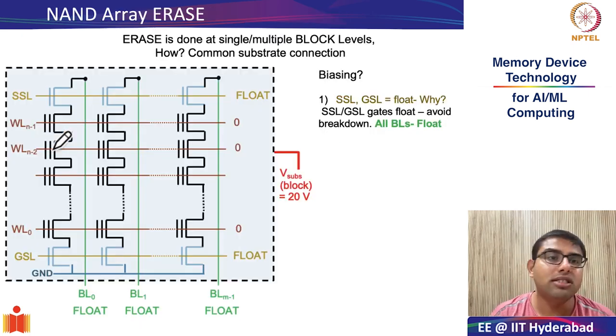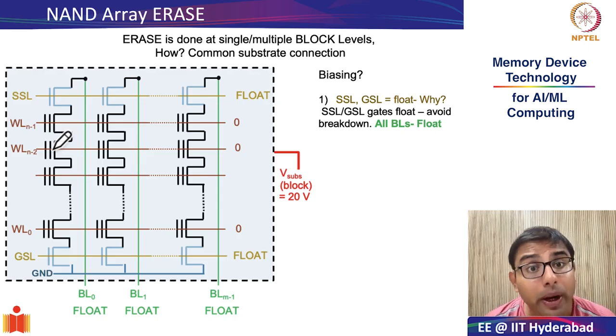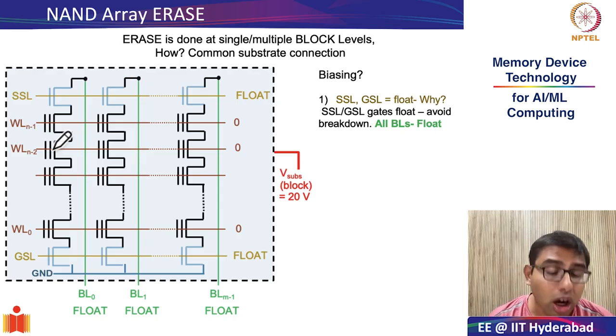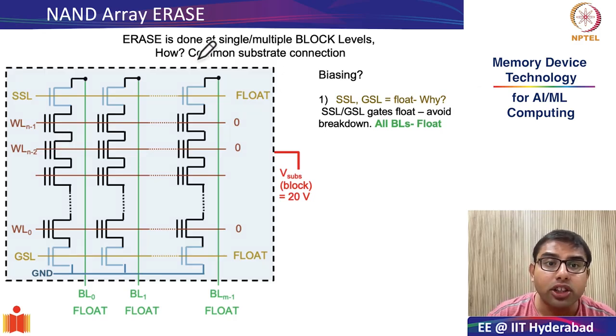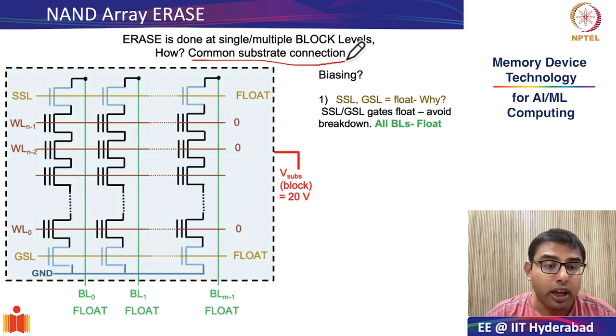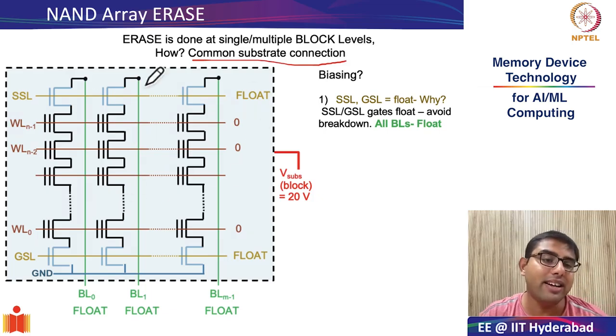So as we just discussed, erase operation is done at block level in flash, and that is where the name flash comes from, or NAND flash comes from. So how is this done? Like we discussed, there is a common substrate connection. Here we have again represented our block level diagram.